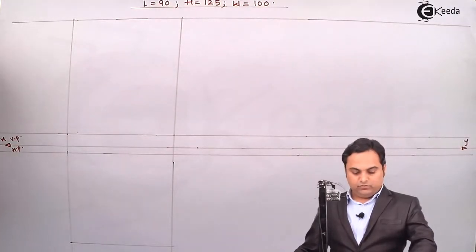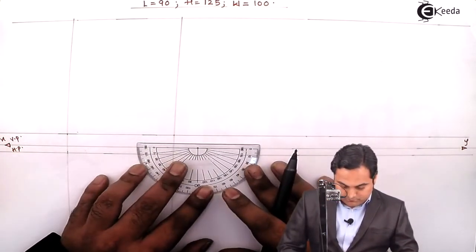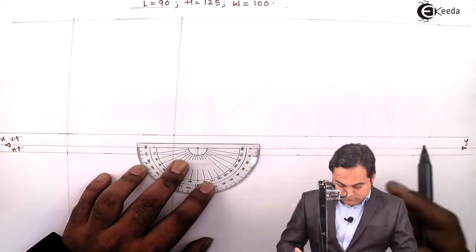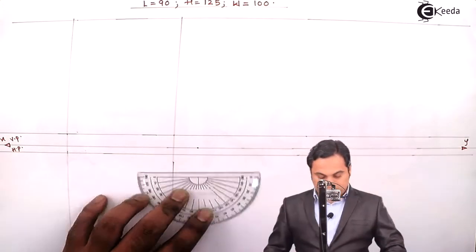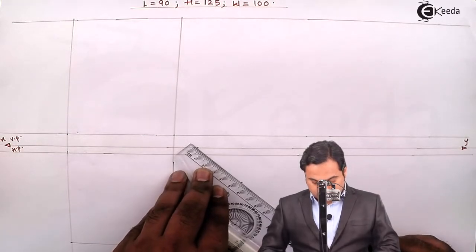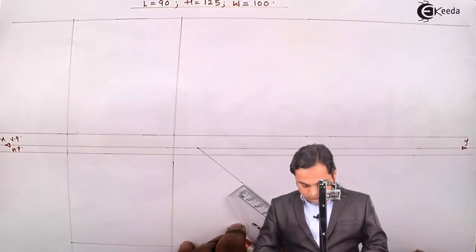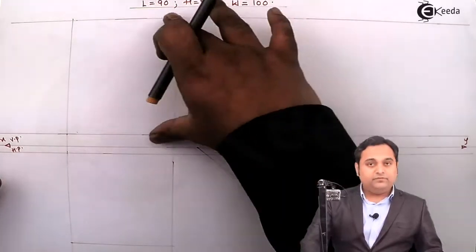Then for the side view, in which the height and width are visible, height we already have.